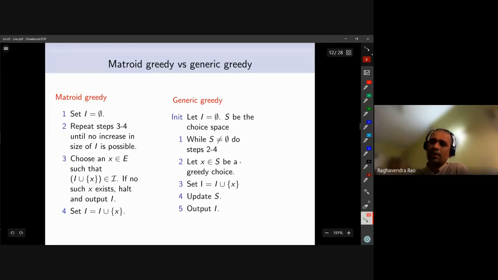Here, since we are choosing an element from the ground set, we don't have to update. In the case of matching, we had a greedy algorithm where updating helps because all edges which are incident on the already matched edges can be thrown out. Otherwise, if you look at these two procedures, they are essentially the same.